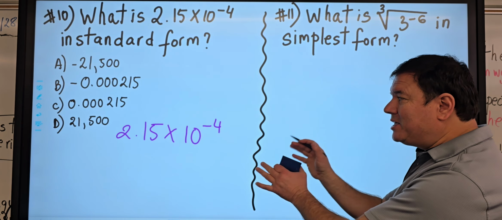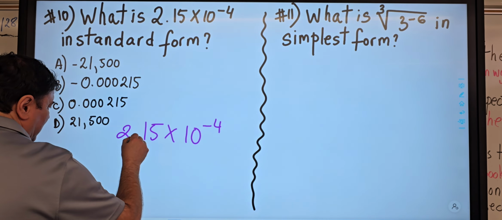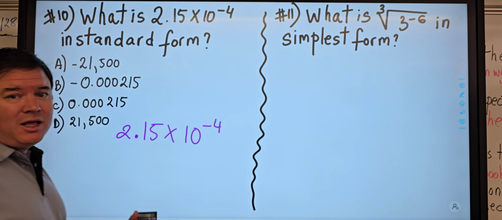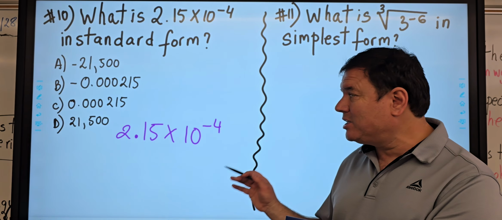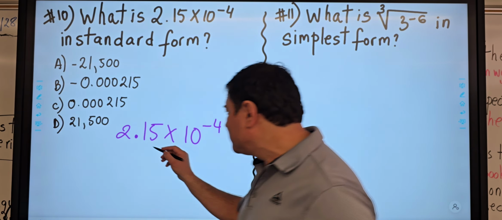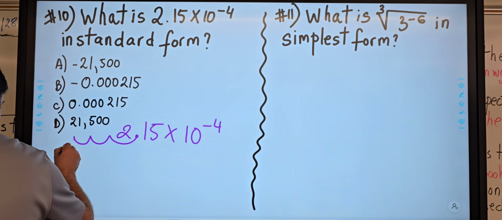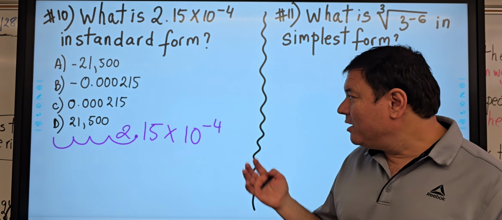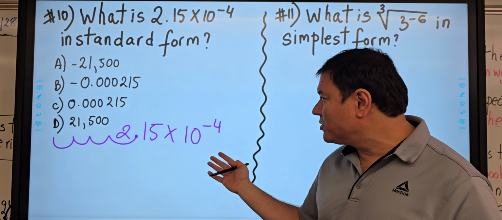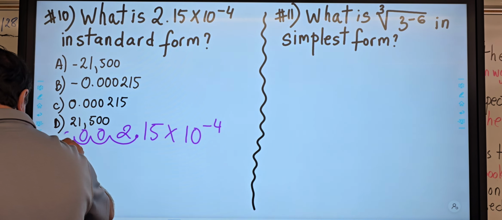To turn this number into the standard form, from this decimal, we are going to move the decimal. If you remember that when we did the scientific notation, we are moving that decimal to the left 4 places. So let's see, 1, 2, 3, and 4. And we are going to add 4 zeros, right? So 0 here, 0 here, 0 here.